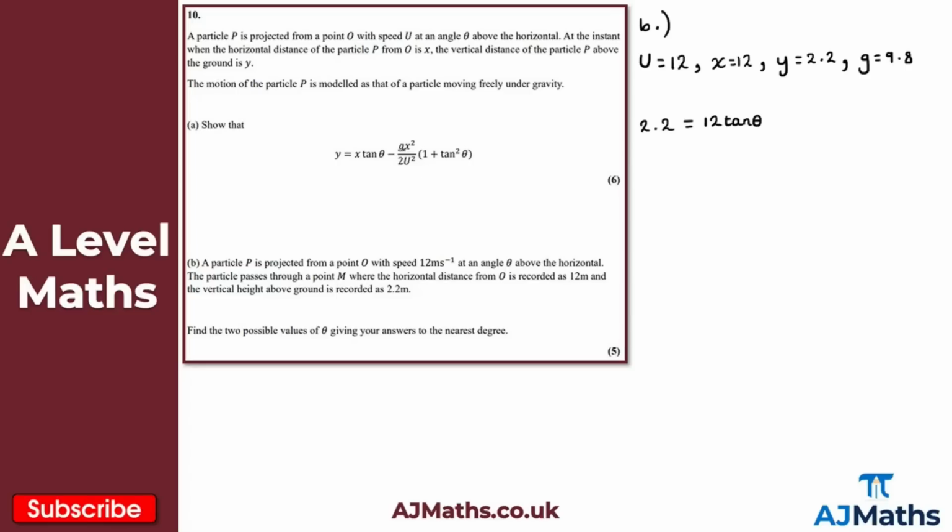We then have minus gx squared over 2u squared, so that's minus 9.8 times 12 squared, all divided by 2 times u squared, so 2 times 12 squared. And we times all of that by 1 plus tan squared theta.